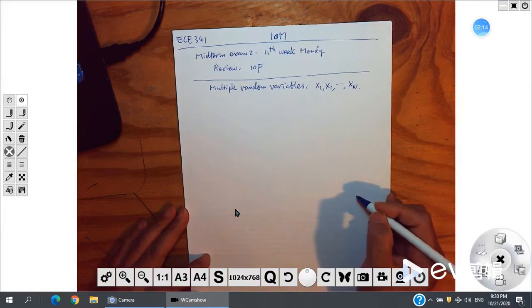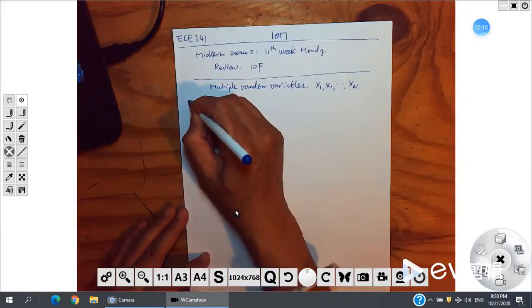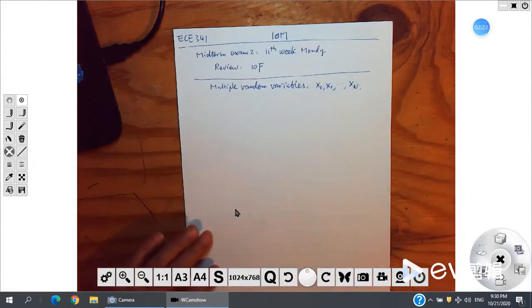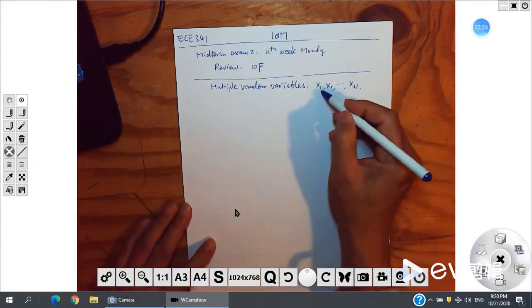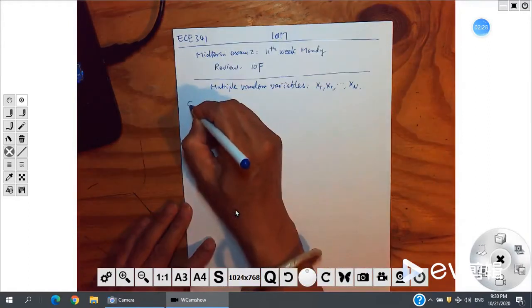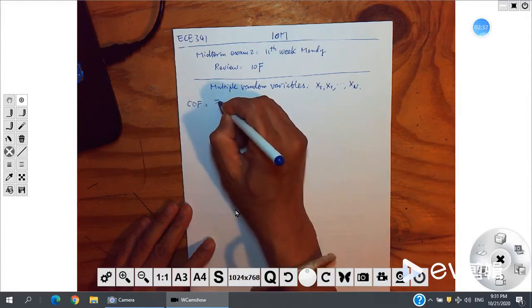Then we can have the joint density, the joint CDF, and joint PMF, and of course we also have those for each one. So we have the CDF for each.